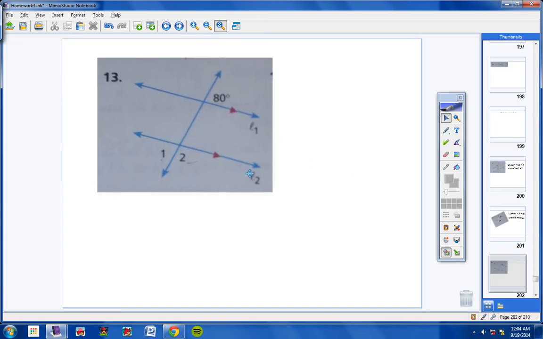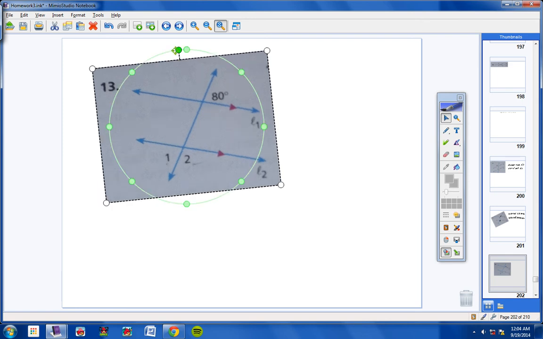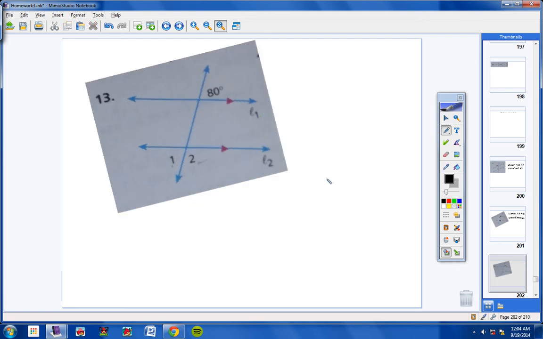Okay. Number 13. I'm going to start doing this a little more often. Let's grab this and turn it so our parallel lines are going left to right. And here we go. First of all, we should be able to see that this angle here and this angle here are alternate exterior angles. So I would start off by saying the measure of angle 1 equals 80, and the reason would be alternate exterior angles.